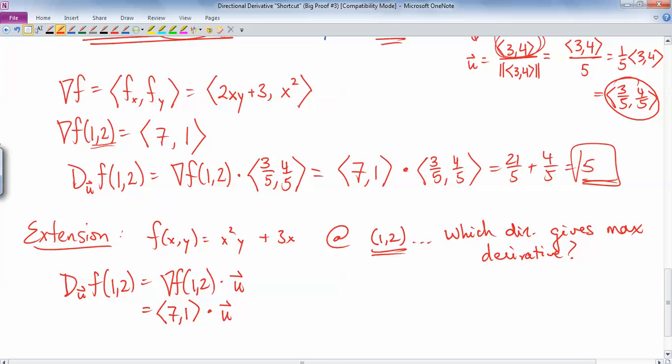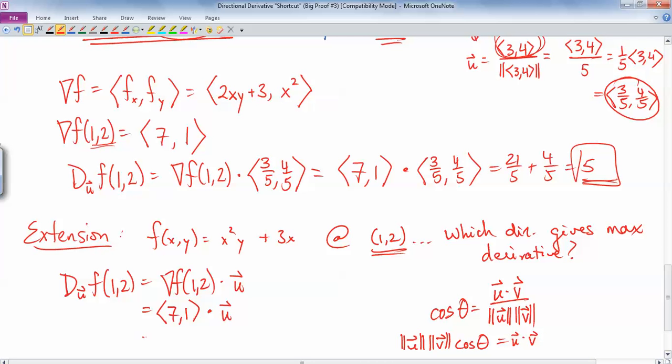But I also know that, back from, I don't even remember when we learned this, if I have two vectors, u and v, the angle between them is defined by this cos theta rule. So if I multiply over those norms, then I get norm of u times norm of v times cos theta equals u dot v.